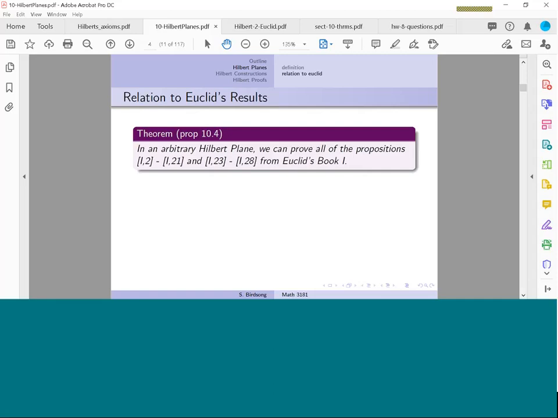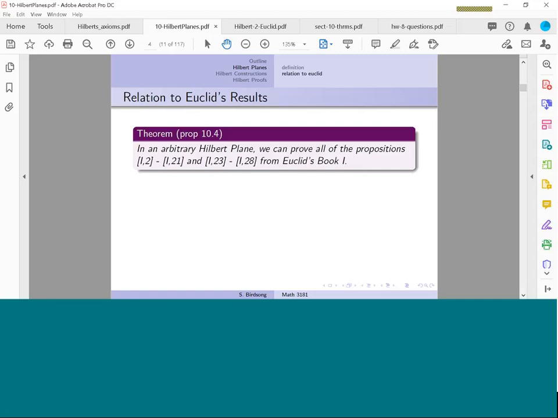Now, in terms of what Hilbert did, we are progressively building back to recover the model, notice the word model there, of the geometry that Euclid put together. So that geometry that we were dealing with in classical geometry, that Euclid put together, is one specific model inside of Hilbert geometry.